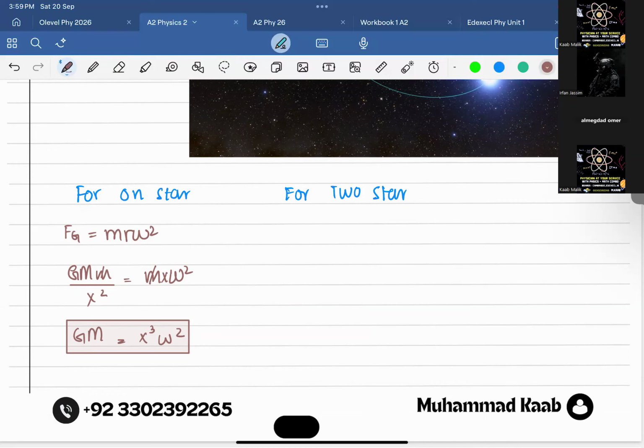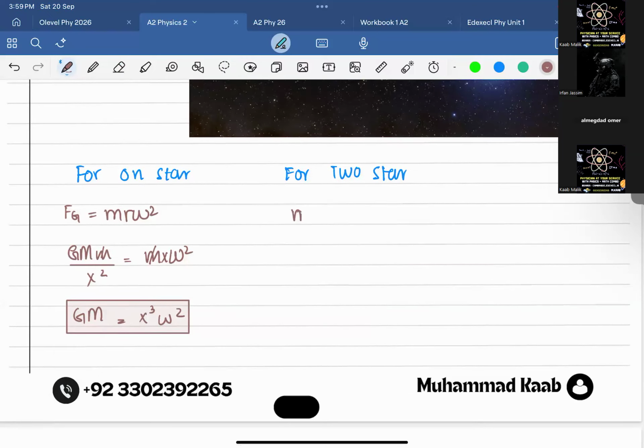So we can say that m1 x omega square is equal to m2, L minus x, omega square, right?